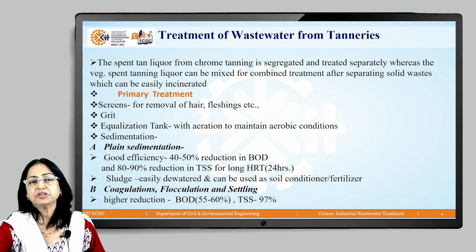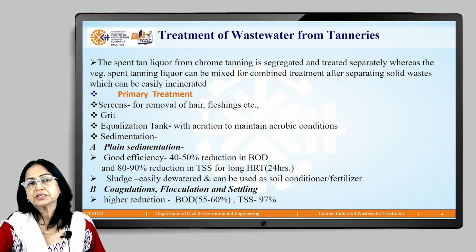The next treatment can be plain sedimentation, which gives quite good efficiency with 40 to 50% reduction in BOD and 80 to 90% reduction in TSS, but the HRT required is quite long, 24 hours.